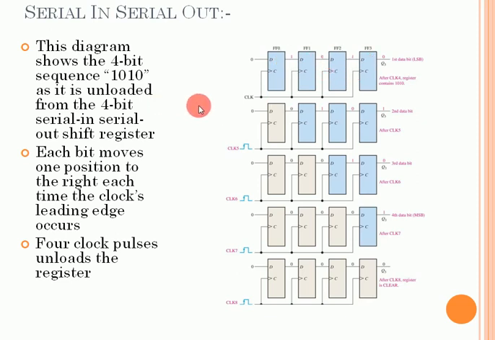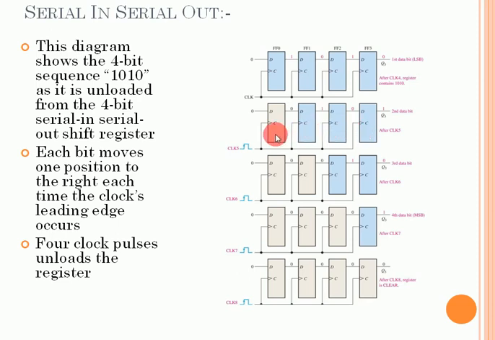So when we provide the 5th clock pulse, the data will shift towards the right, and the bit in the last flip-flop will come out of the shift register, and all other data in the flip-flops will be moved towards the right.